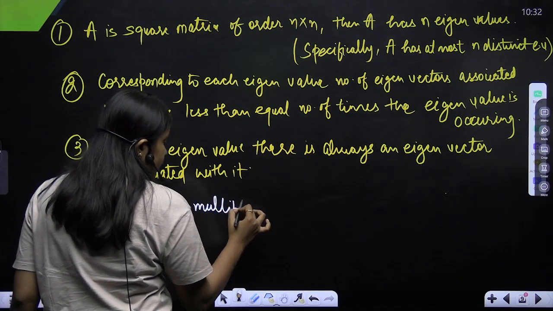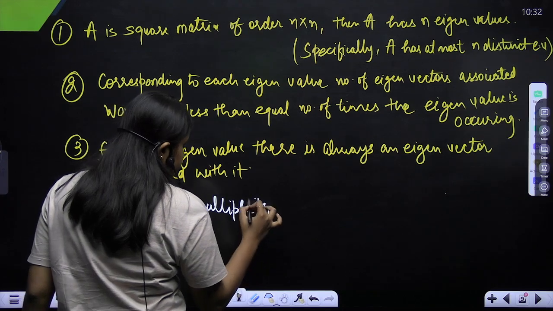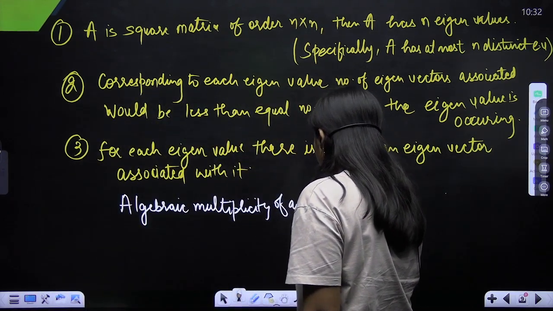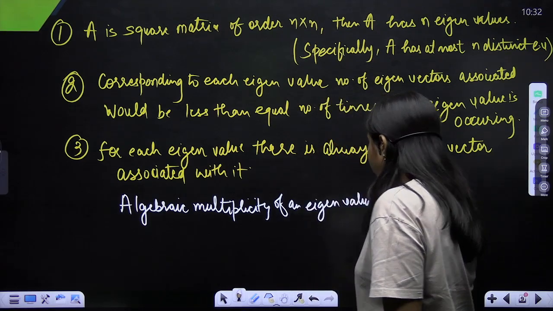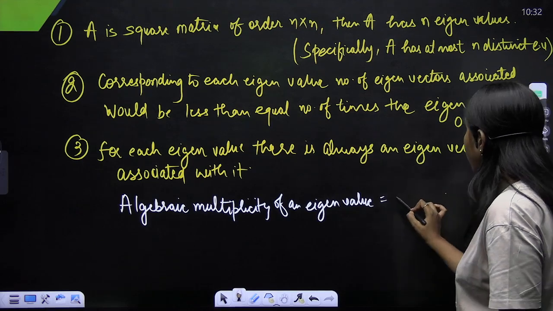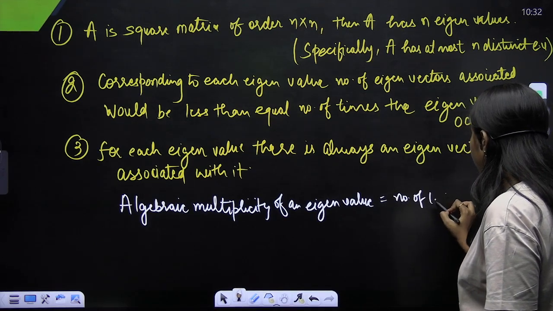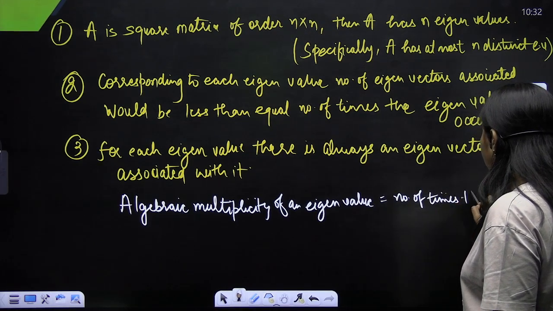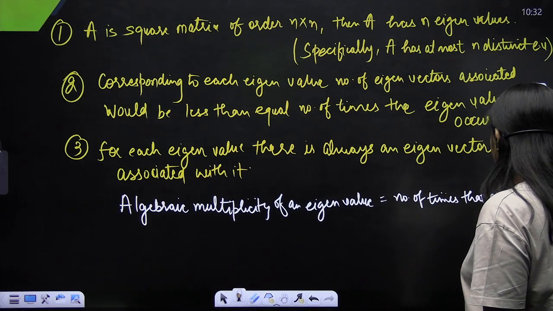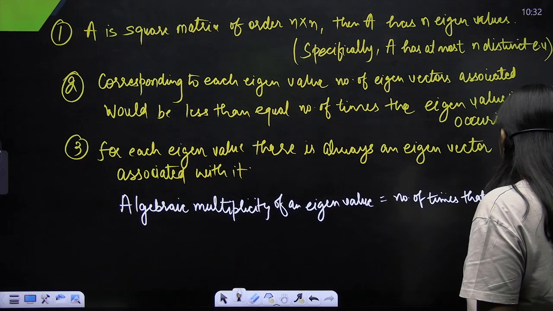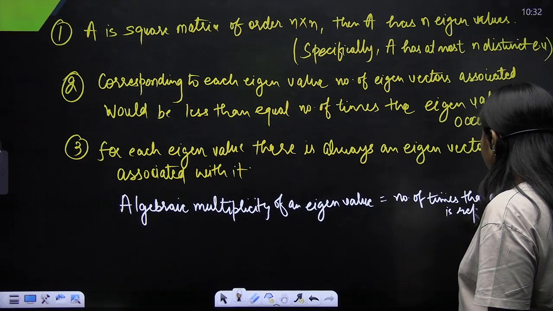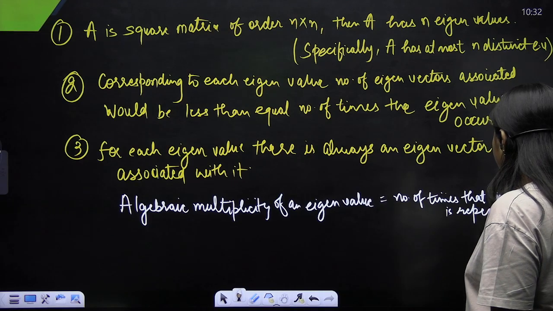It will be helpful when we discuss diagonalizability. So the algebraic multiplicity of an eigenvalue is the number of times that eigenvalue is repeating.